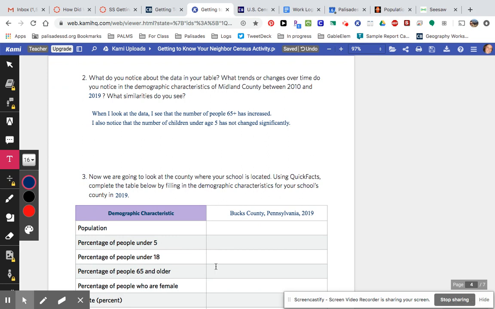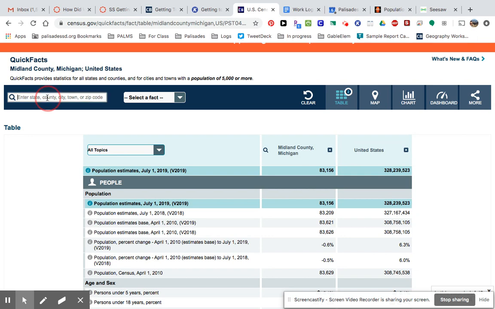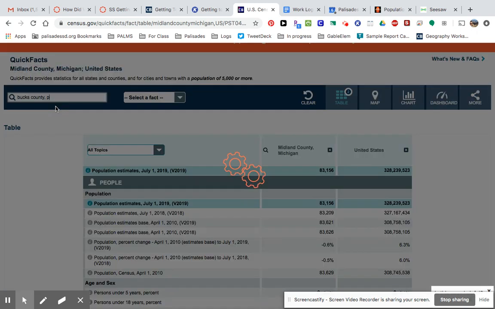Tomorrow, what you're going to do is you're going to look at Bucks County in 2019. So I'm showing you this now because tomorrow I want you to understand what it is you need to do. You'll come up here, and where you search for your area, we'll do Bucks County. That pops right up. There we go.